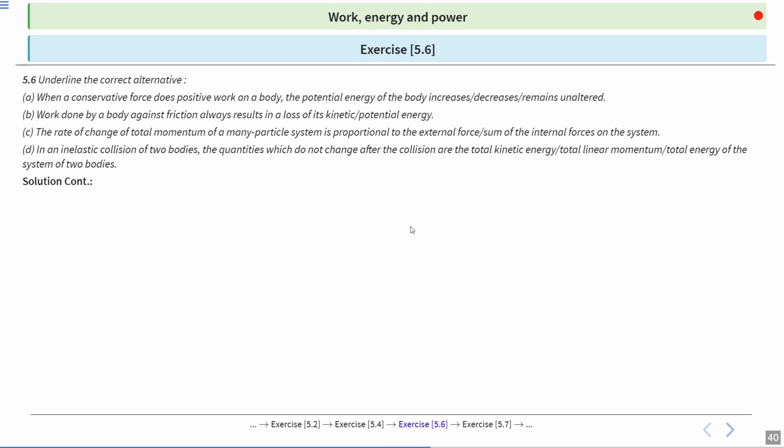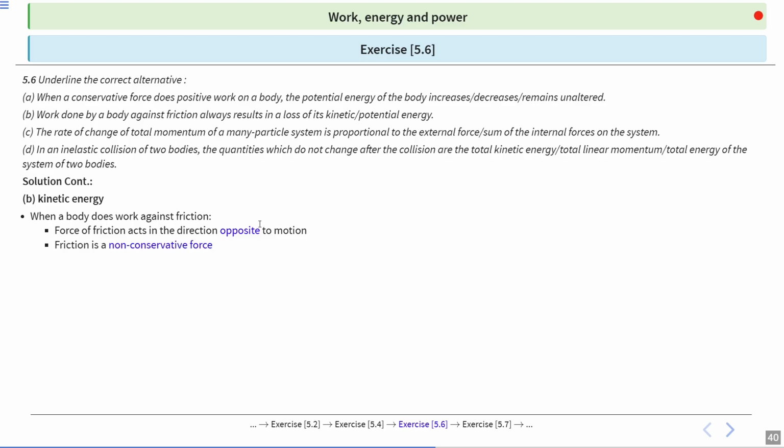Now B. The answer of the B statement is kinetic energy. When a body does work against friction, the force of friction acts in the direction opposite to motion. So friction is a non-conservative force. In that case, the work done against friction is always negative.